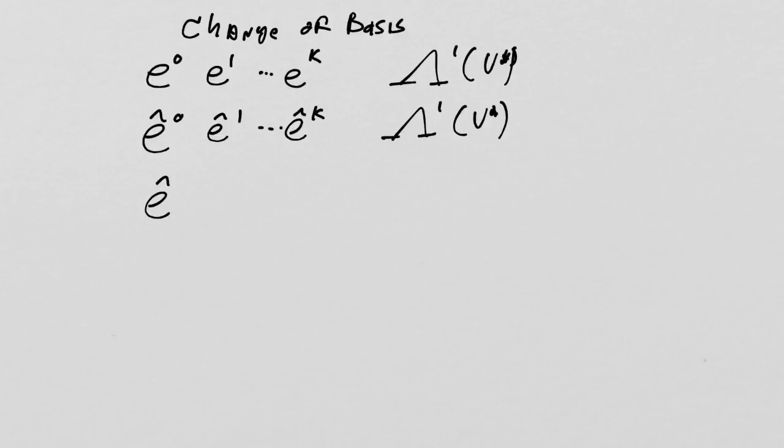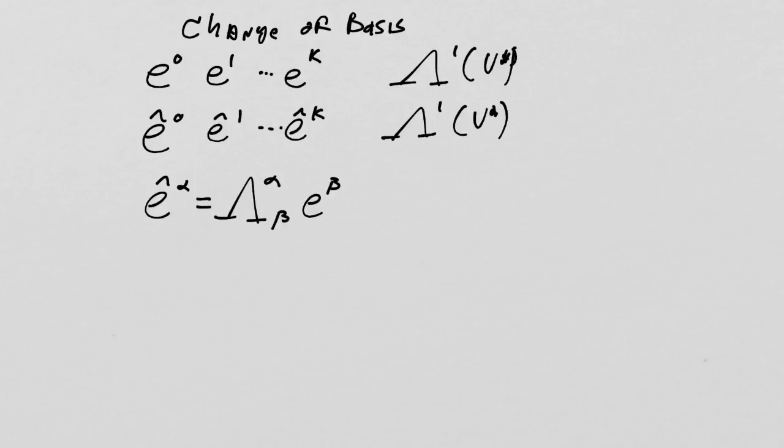E hat alpha is going to equal some matrix. We always call these transformation matrices lambda before, so I'll keep that because there's really no confusion here. E hat alpha will be lambda alpha beta E beta, right? So that's a linear transformation change of basis, your standard change of basis.